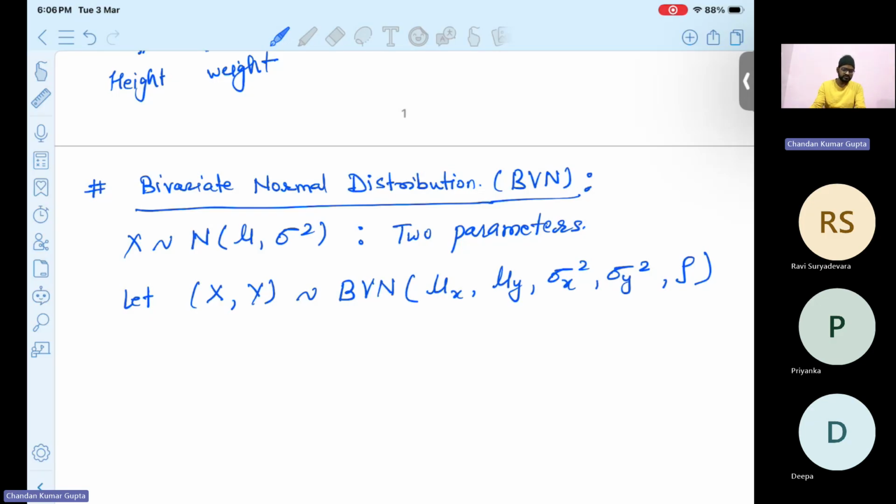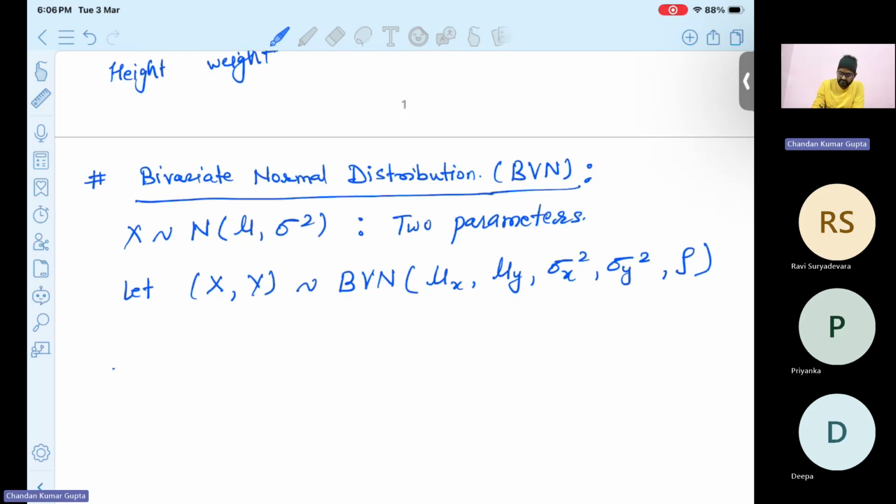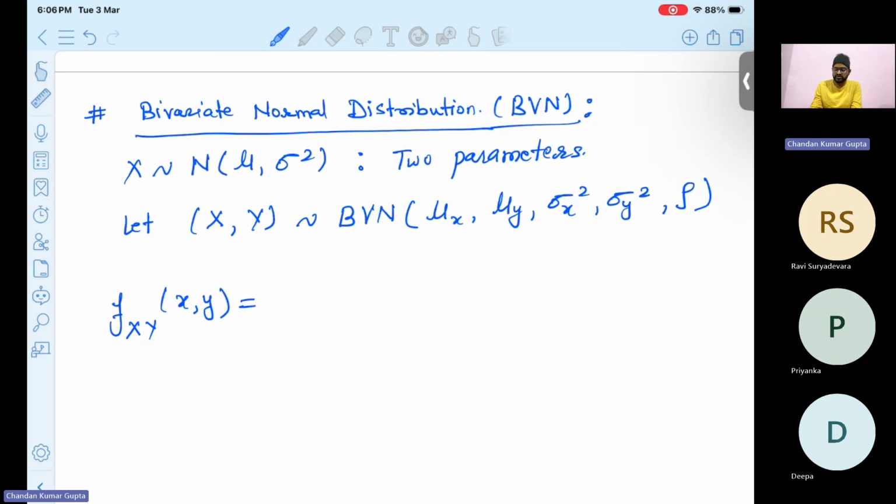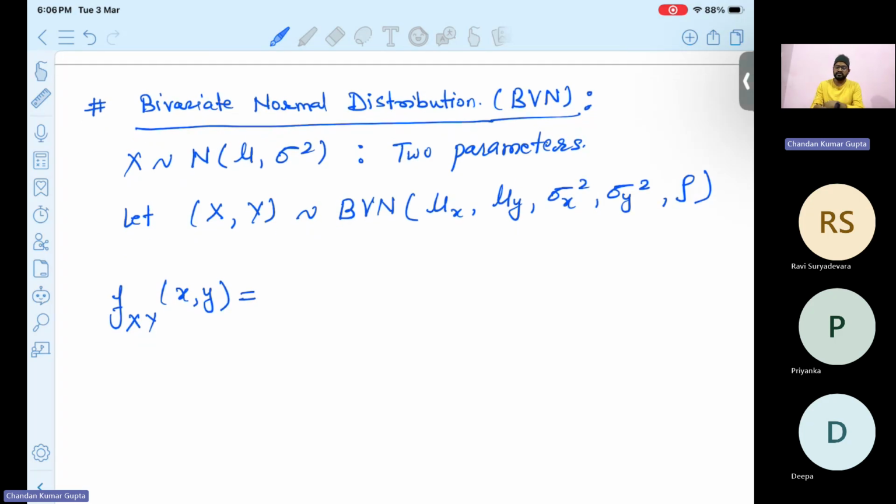Now the PDF for the bivariate normal distribution. The same notation we are going to use: f_XY(x, y). This is the standard notation for a bivariate distribution, not only normal but any kind.